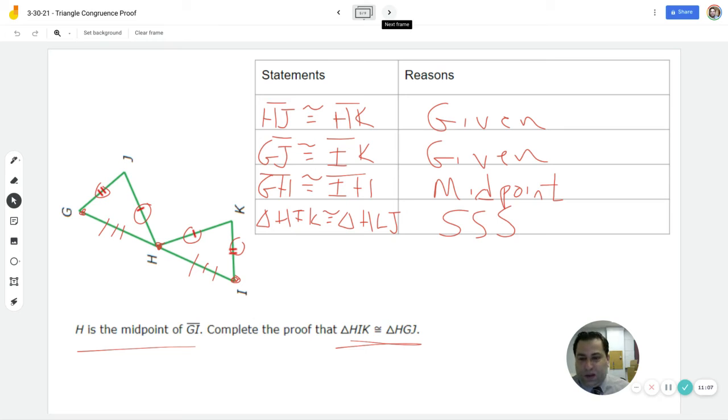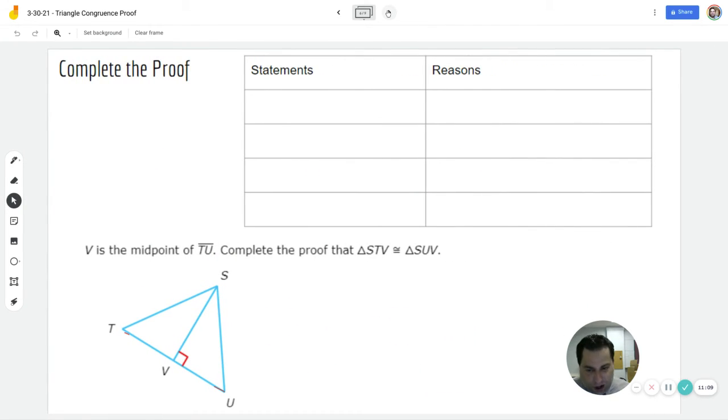In this problem, I can see that I have my perpendicular, right? So that I know that that's going to be involved. And I also see in the directions I have a midpoint. And I can see we have a reflexive side. So let's start to put this all together. So let's start with the angle.